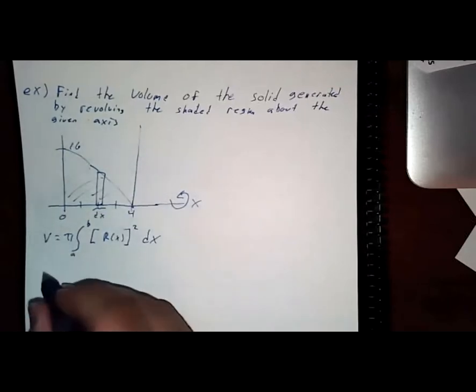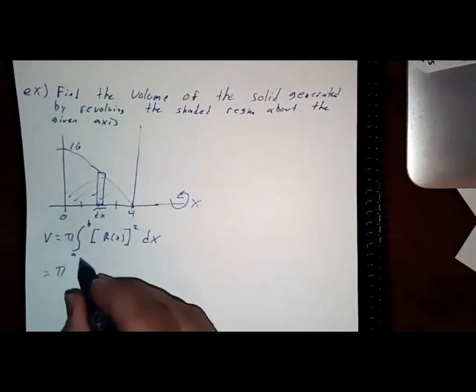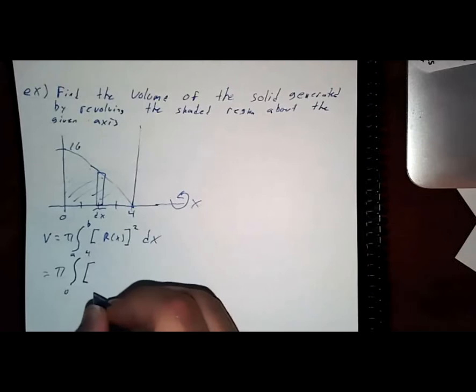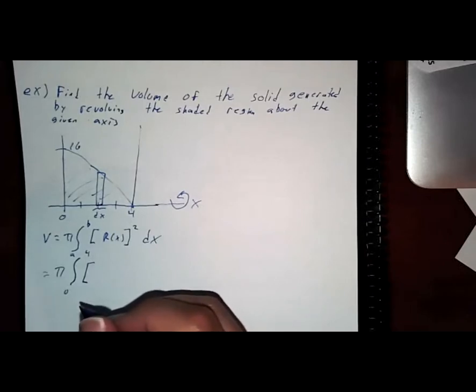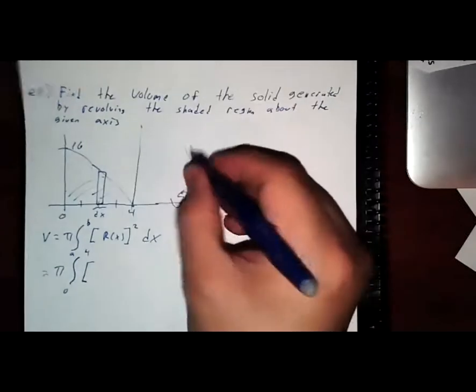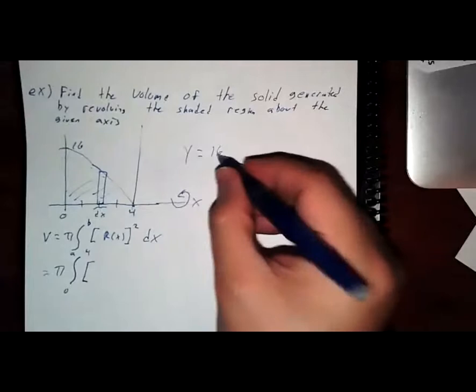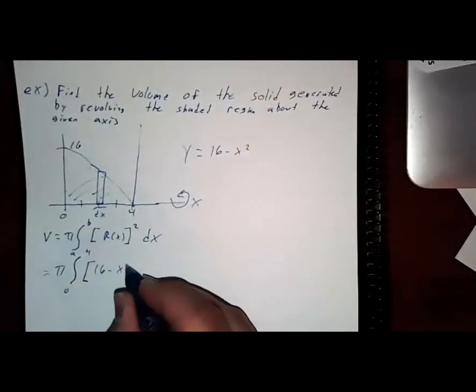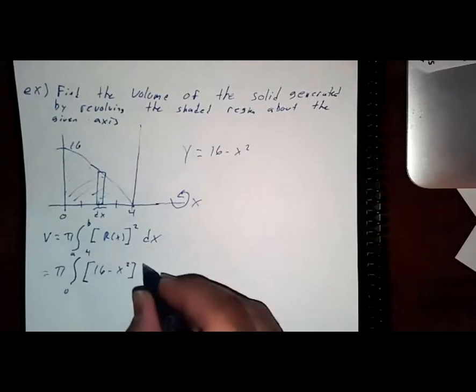So this will be pretty easy. Integral is dx, so we'll be going from 0 to 4. And that function needs to be given to us. Let's see what it is. Yeah, they said that y is equal to 16 minus x squared.